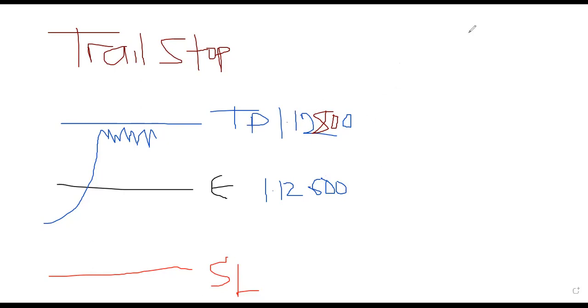Let's say stop loss is 1.12000. So let's say the profit you have made in this market is exactly $50.